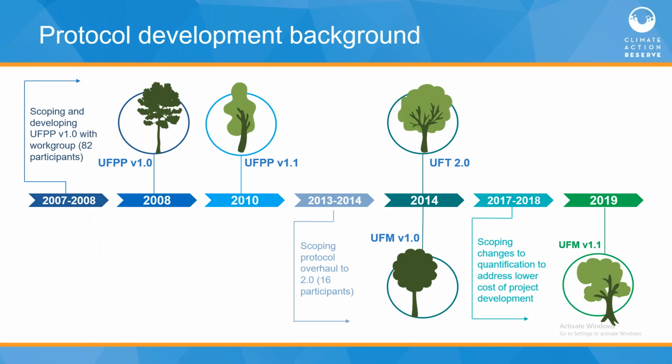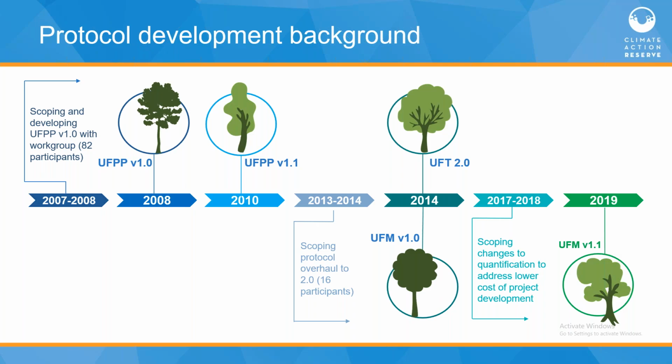The background for this protocol is that it began in 2007 through our standard work group process. Originally, the Urban Forest Project Protocol was adopted in 2008 and focused primarily on tree planting activities. That was later updated in 2010 to version 1.1, which included a number of clarifications to the original protocol.